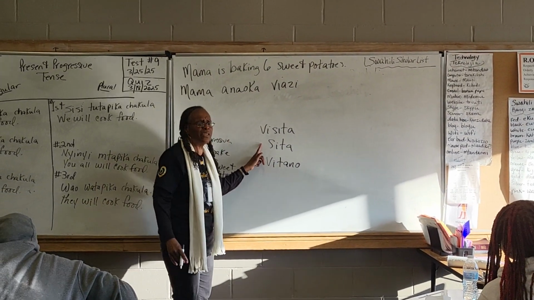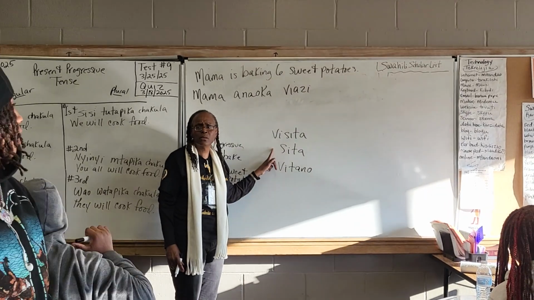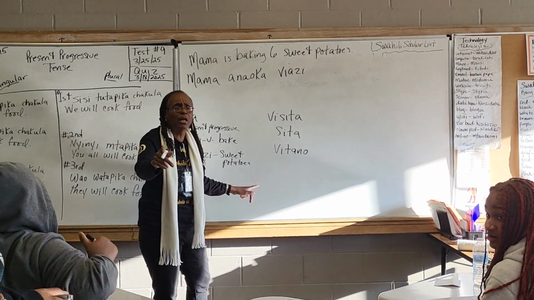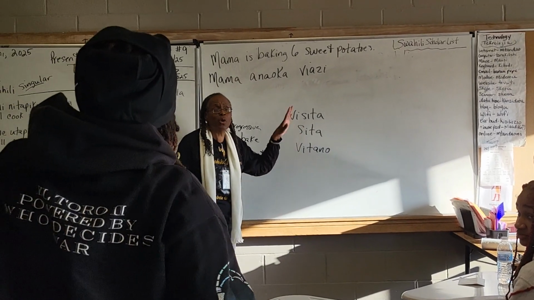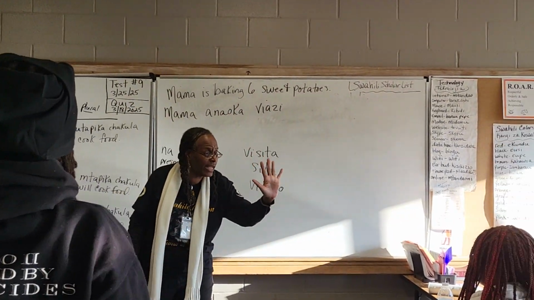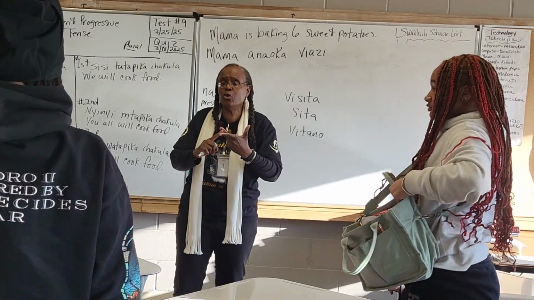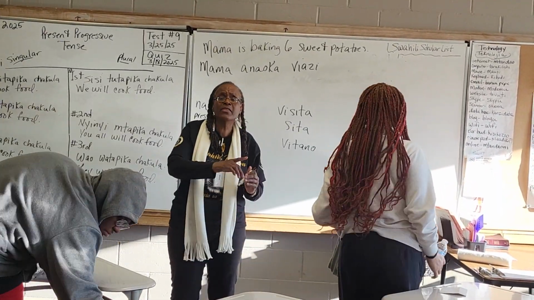Why don't we say visita? Because sita is one of those 4 numbers that does not change. There's sita, saba, tisa, and kumi. You gotta remember that. Okay, thank you very much.